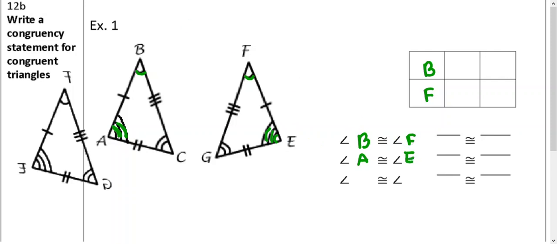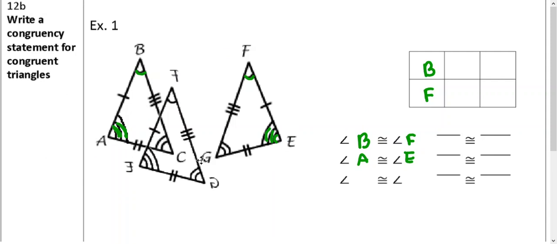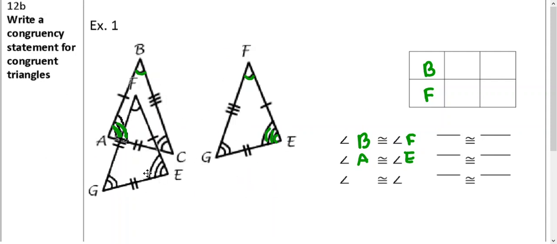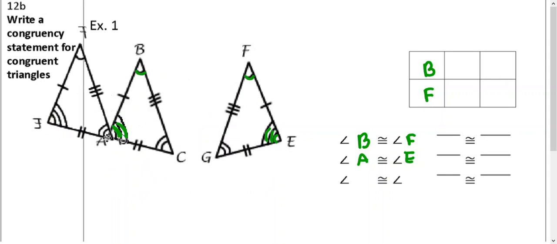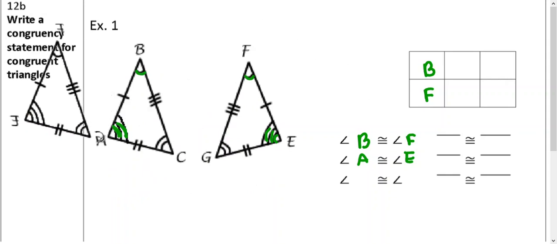Remember, we saw that when we moved the triangle over, E became where F is, so they are congruent.